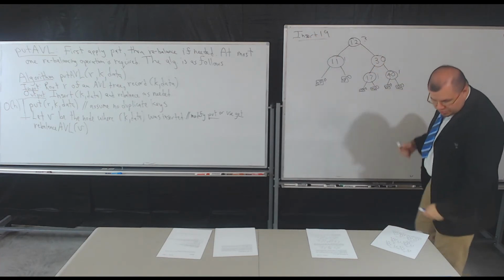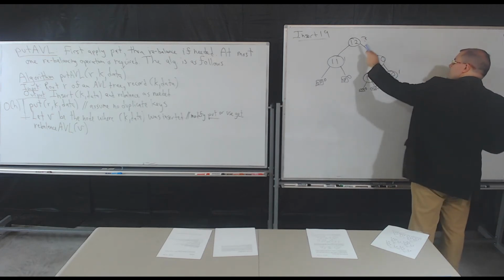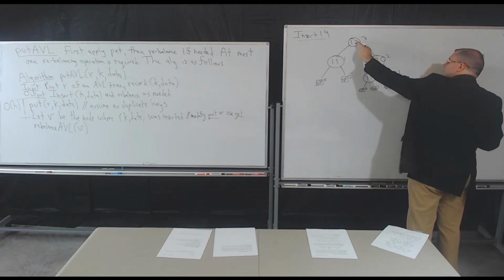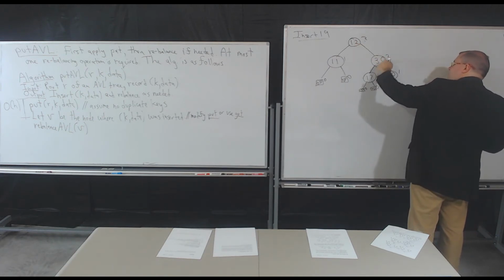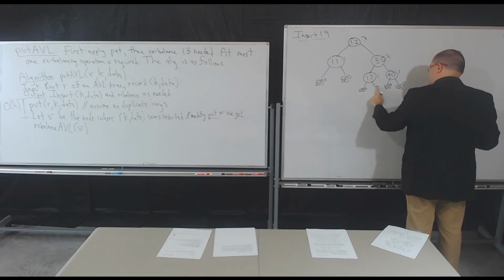Okay, so now I have this tree, and I'm going to insert 19. Where should 19 go? Well, 19 is bigger than 12. It's less than 30, but it's bigger than 17, so it goes right here.